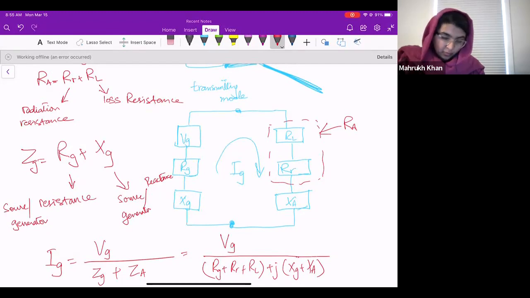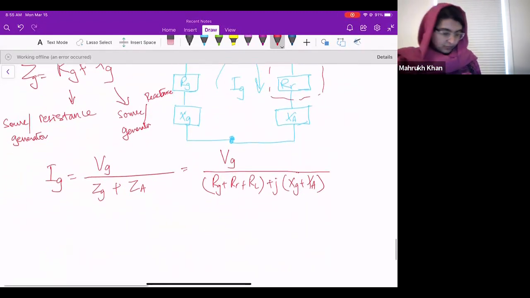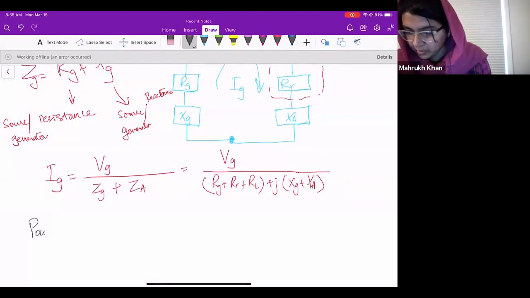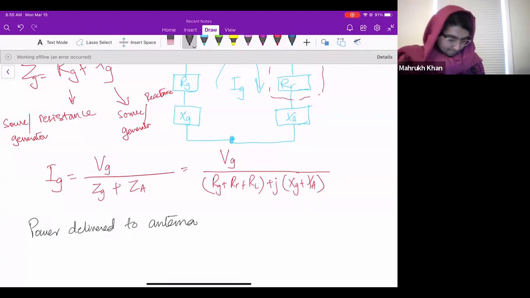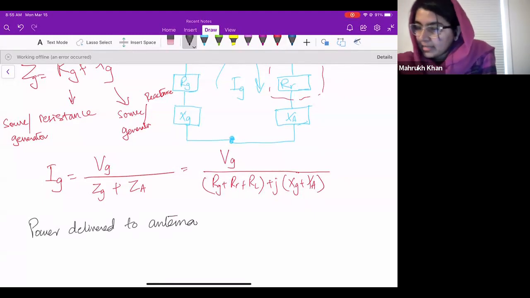Now we need to know how much power we are transmitting from the antenna, how much is lost, and how much we are generating. To know all of this, we have to write the power formulas. What I'm saying is the power delivered to the antenna. Because RL is a loss resistance, the power is delivered only through RR, that is radiation resistance.